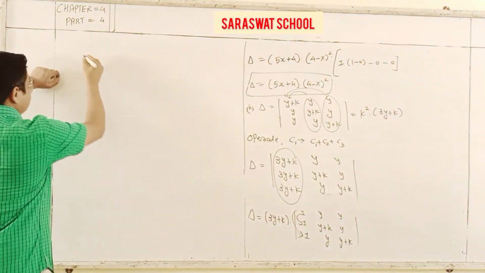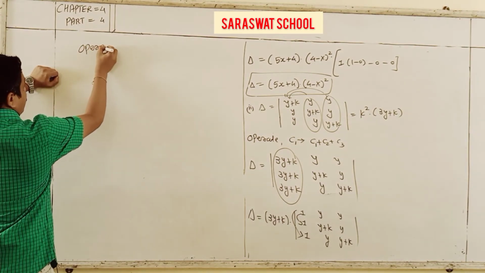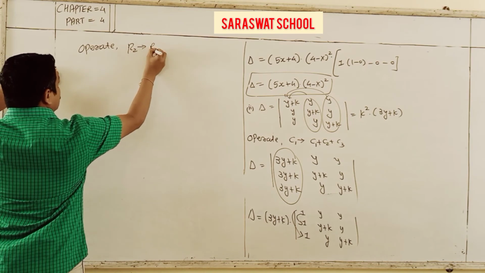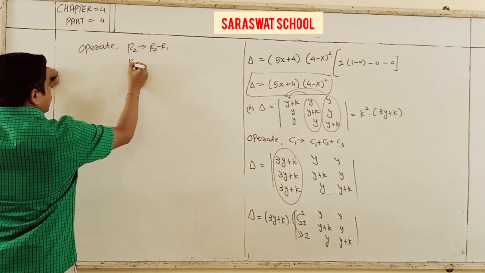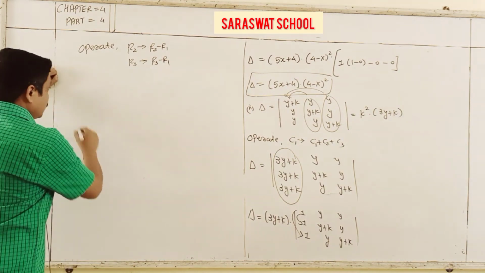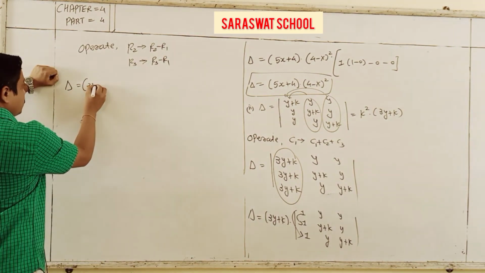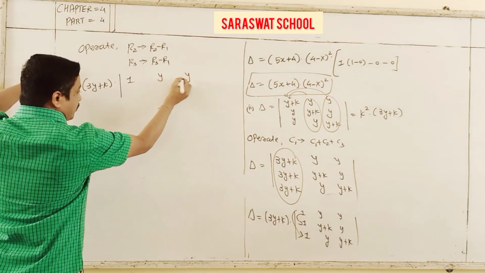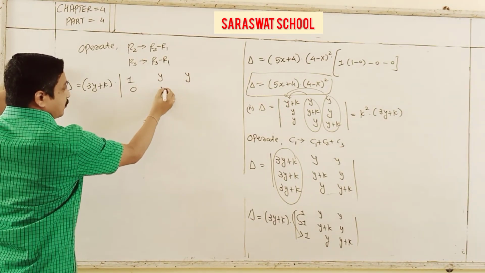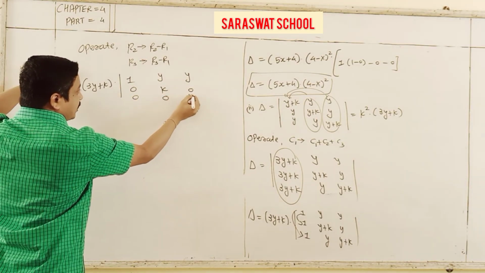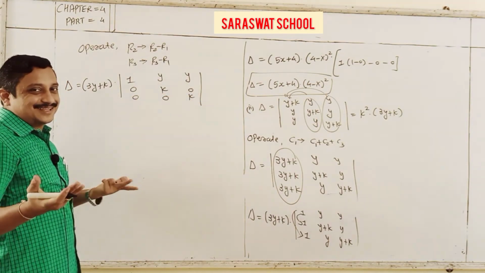Now I operate our row number 2 change, row 2 minus row 1, and row number 3 change, row 3 minus row 1. So your del answer is 3y plus k, others are 1, y, here 0, and y common k 0, and again 0 0, y cancels and k, 3 zeros more coming.